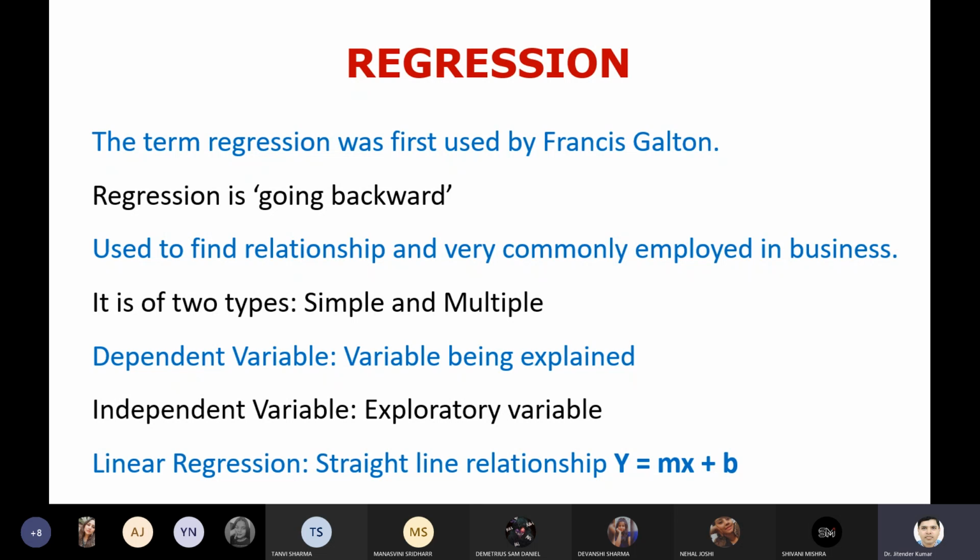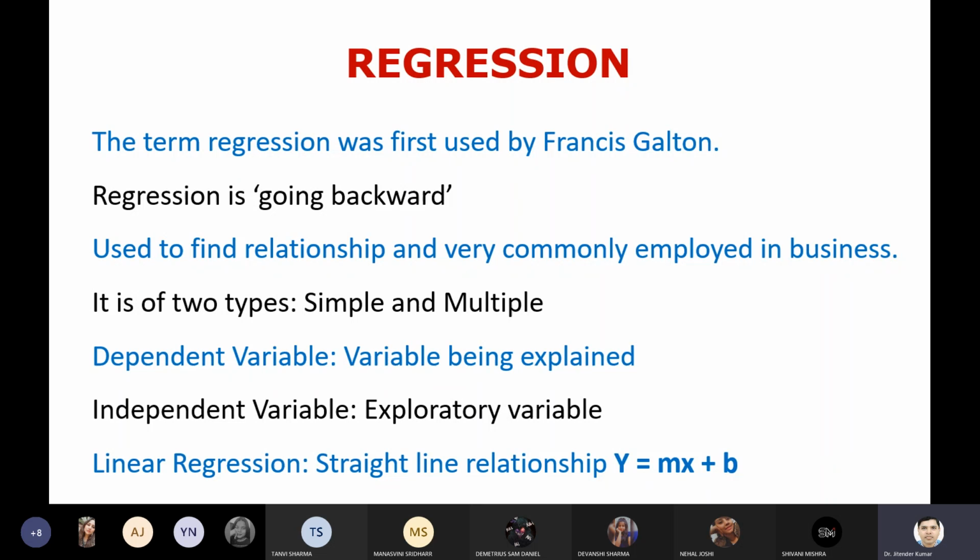Like in correlation, where we had one dependent variable and one independent variable, similarly in regression we have dependent and independent variables. The independent variable is called the exploratory variable, and the dependent variable is the variable that we try to explain.